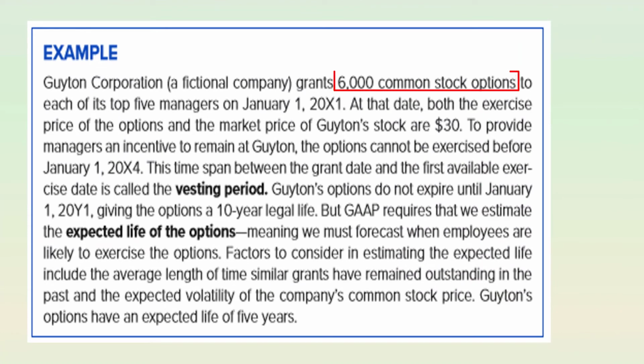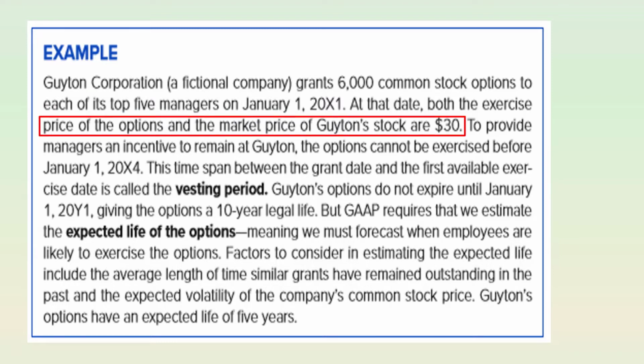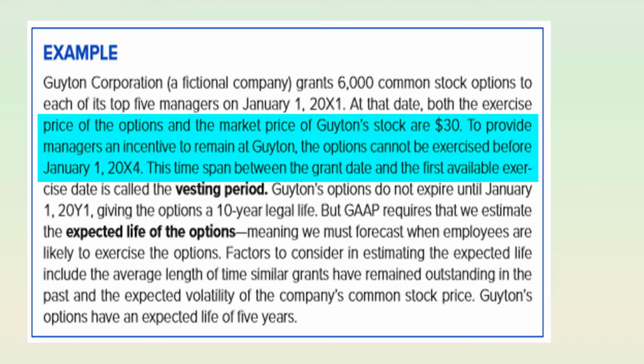Equity-Ten grants 6,000 common stock options to each of its top 5 managers on January 1st, 20x1. On that date, both the exercise price of the options and the market price of Equity-Ten stock are $30. Now, to provide managers an incentive to remain at Equity-Ten, the options cannot be exercised before January 1st, 20x4.